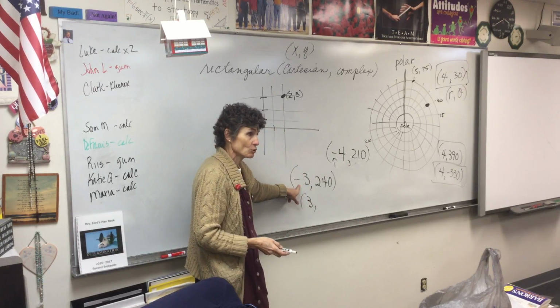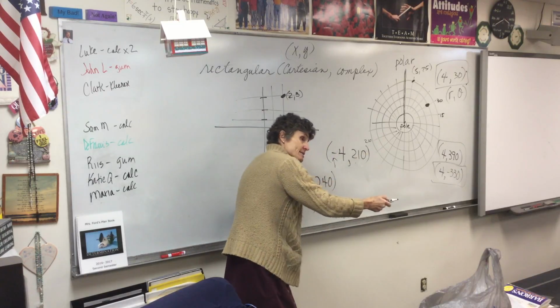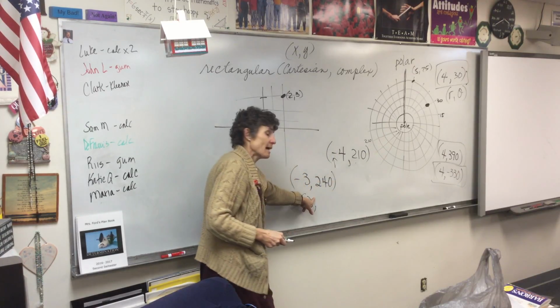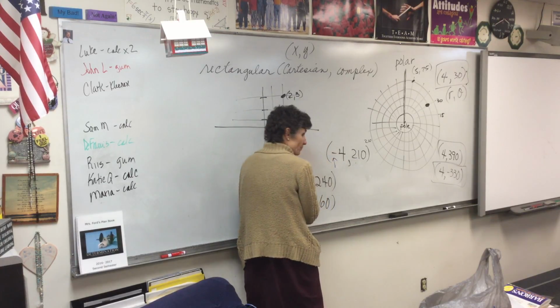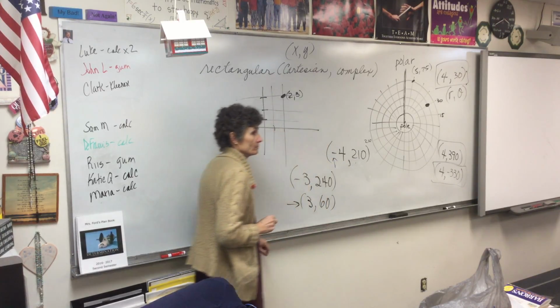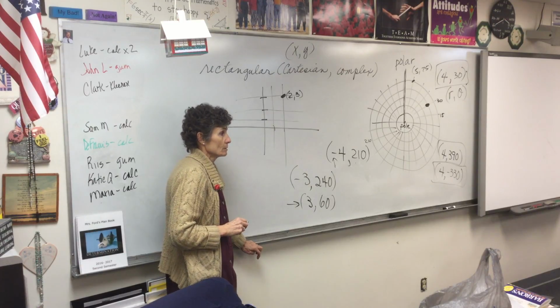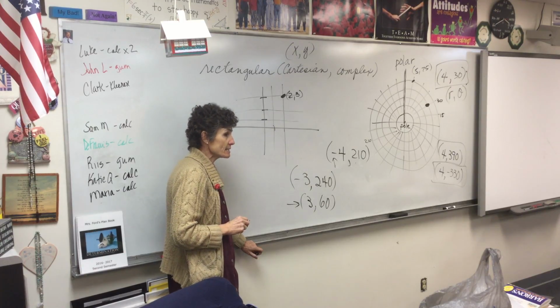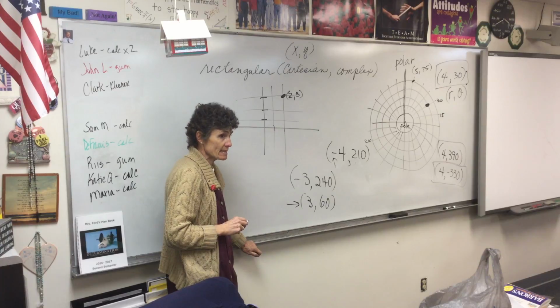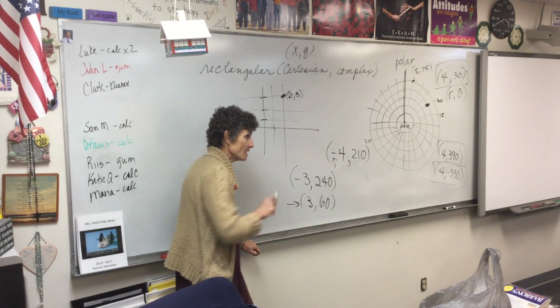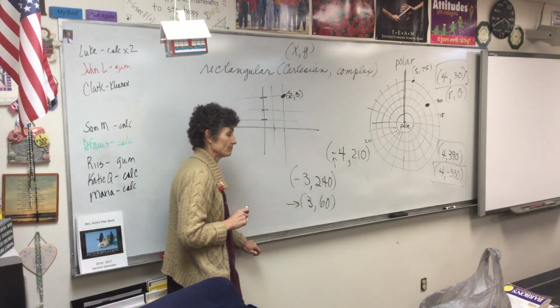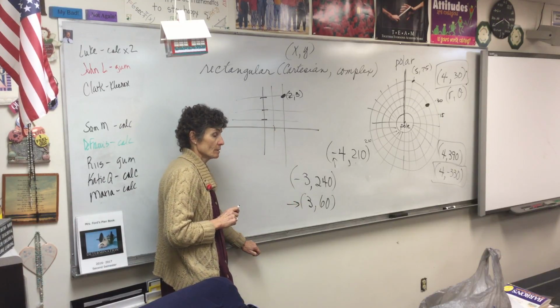That negative tells you you're on the opposite side. So what would that be? 60. So this point would get plotted here. Anytime you have a negative radius, the point is going to be plotted 180 degrees different. Okay?